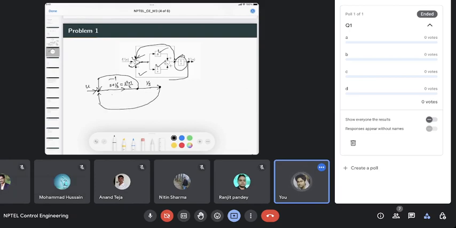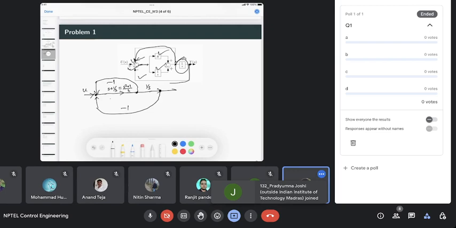So this gain is -1, and then you have this output Y(S). So now you have this signal flow representation. How many forward paths are there from u to this output y? One, right? So one forward path, and how many loops do we have?